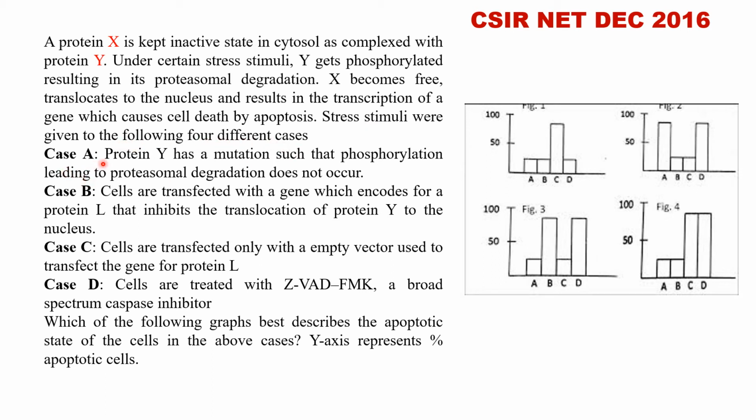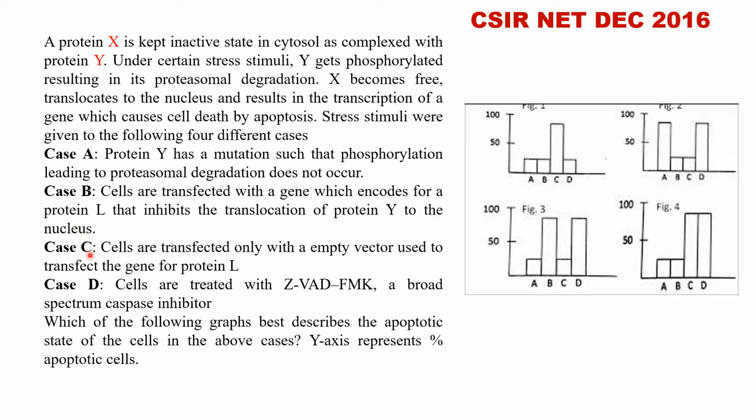Case A, protein Y has a mutation such that phosphorylation leading to proteasomal degradation does not occur. Case B, cells are transfected with a gene which encodes for a protein L that inhibits the translocation of protein Y to the nucleus.